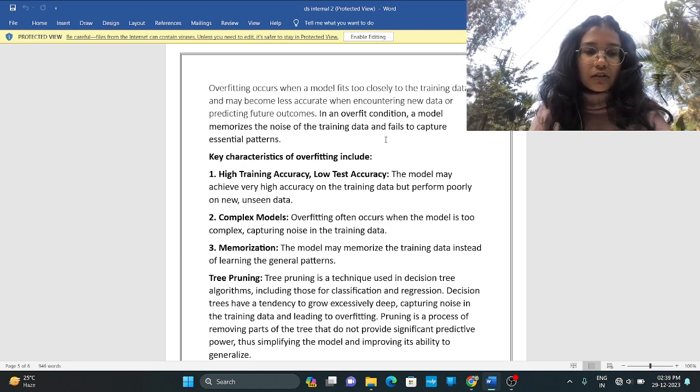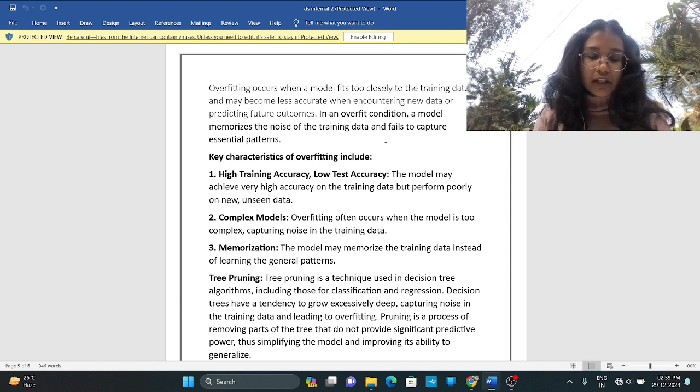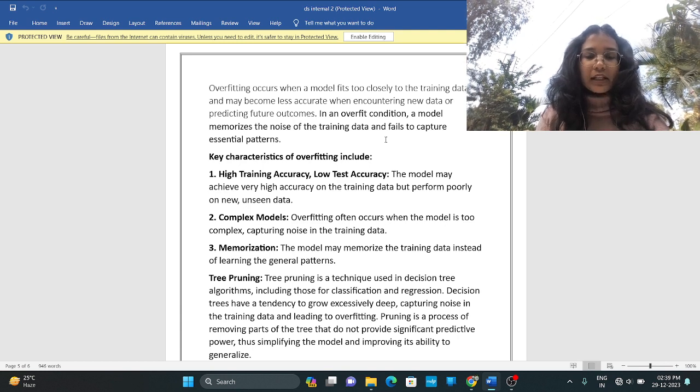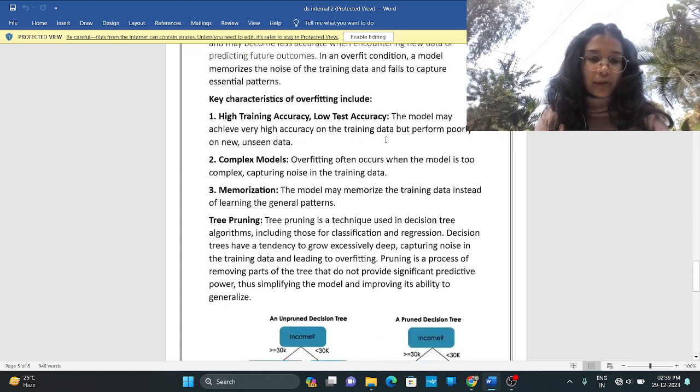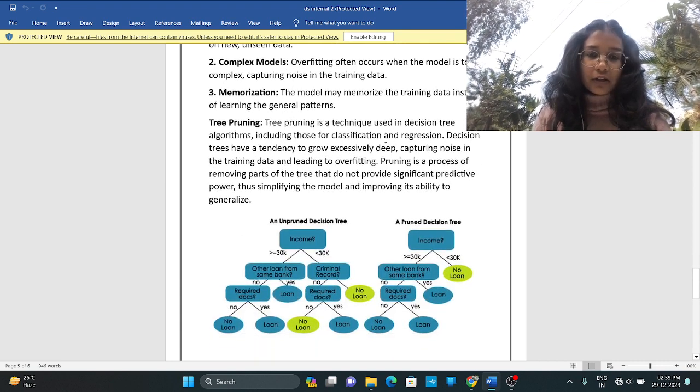The model may achieve very high accuracy on the training data but perform poorly on new unseen data. Second, complex models. Overfitting often occurs when the model is too complex, capturing noise in the training data. Third, memorization. The model may memorize the training data instead of learning the general pattern. Tree pruning.